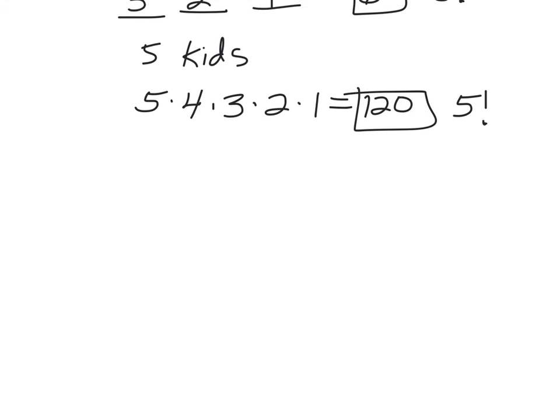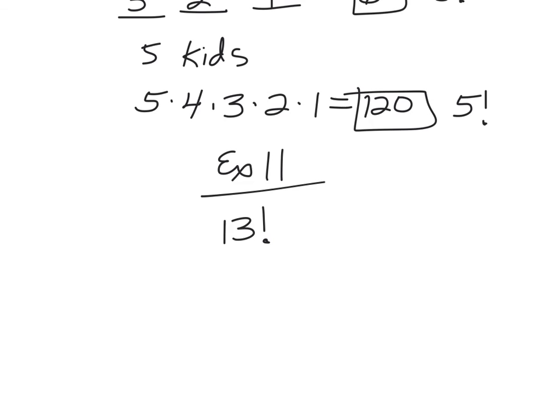So going back to example 11, how many ways can I arrange 13 kids? 13 factorial ways. Which means you have a lot of work to do on your calculator, 13 times 12 times 11, and so on, all the way down to 1.